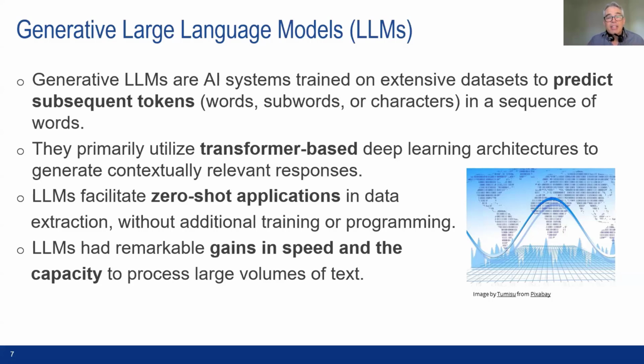And the big advantage of these LLMs is their capability for what is known as zero-shot applications, meaning that they don't require specific training data or programming to extract information. And over the past few years, these LLMs have also made remarkable gains in speed and in their ability to process large volumes of text.